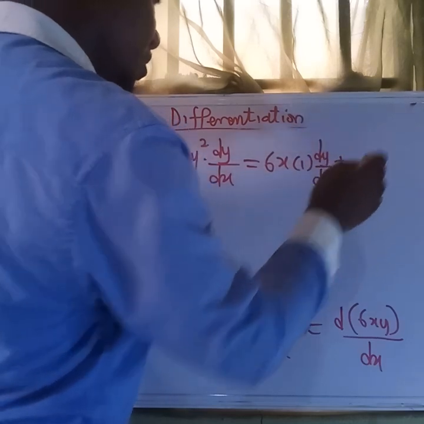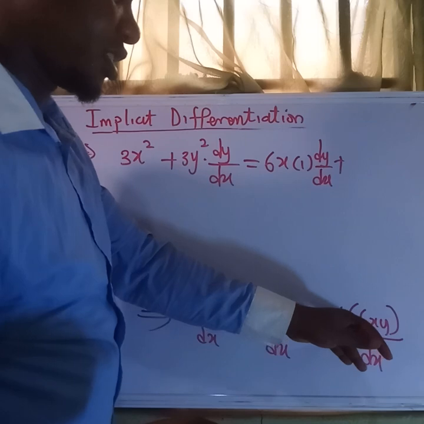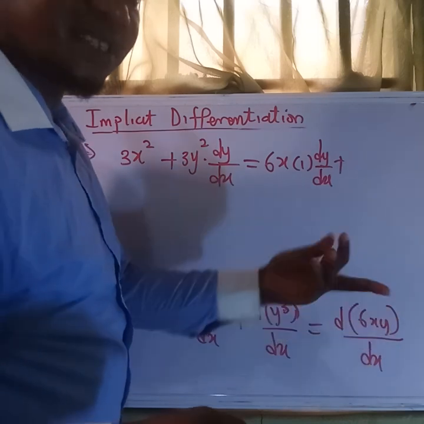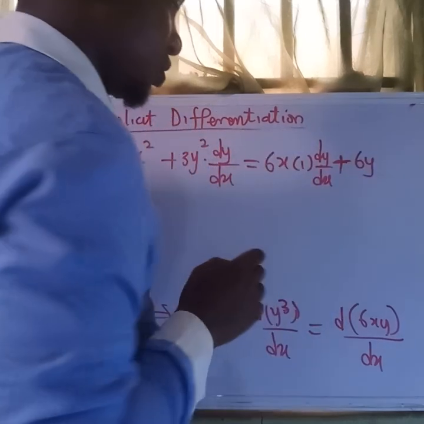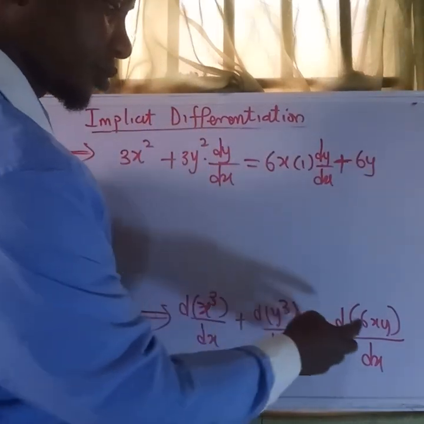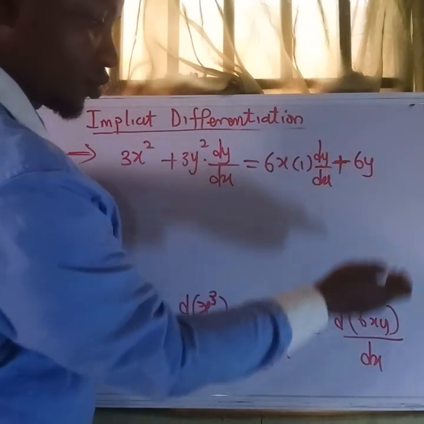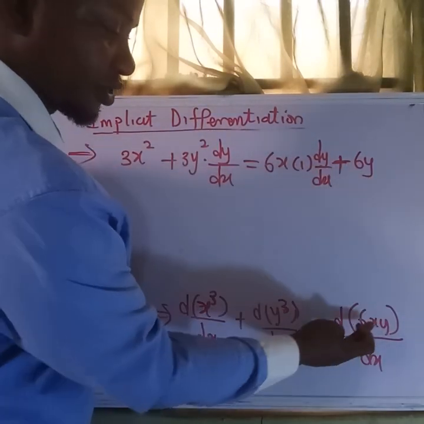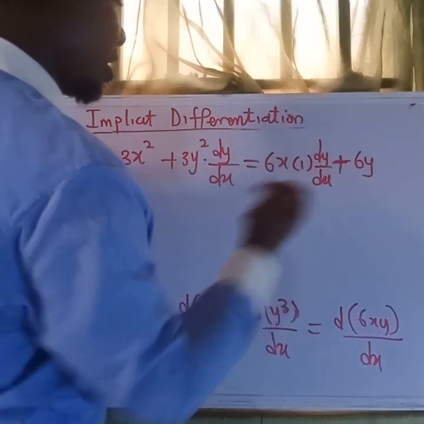Then plus, again, we hold y and differentiate 6x. 6x gives 6, then 6 times y, we have this. We have already differentiated y in the first part, so here we are holding y and differentiating 6x, and of course that x will be 1 there. So that's why we have this.